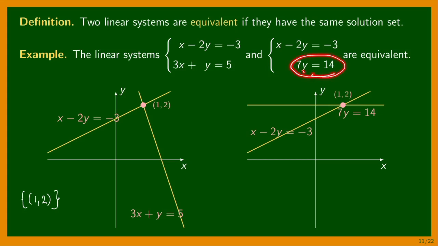From there, we can work on the first equation, substitute y equals 2, and solve for x, which is 1. Unlike here, where we have to do some elimination or maybe a substitution, etc. This manner of solving, where you solve y first and then substitute upward to solve for x, we call back substitution.